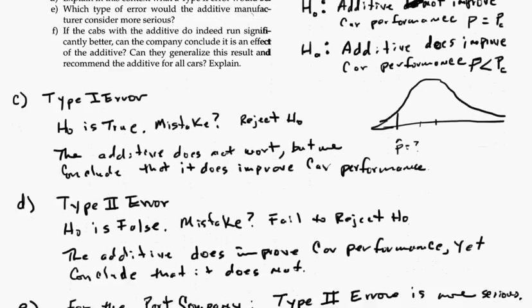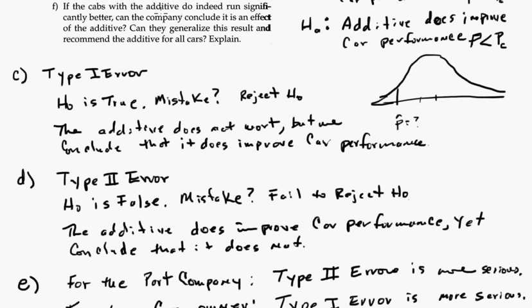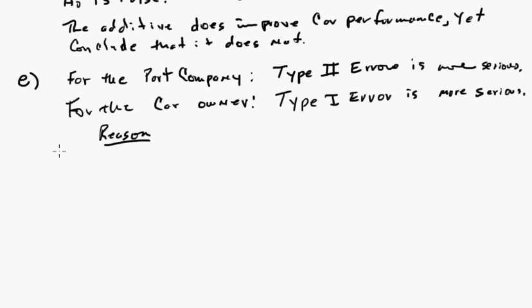Okay, finally, if the cabs with the additive do indeed run significantly better, can the company conclude that it's the effect of the additive? So the first part of F is yes.